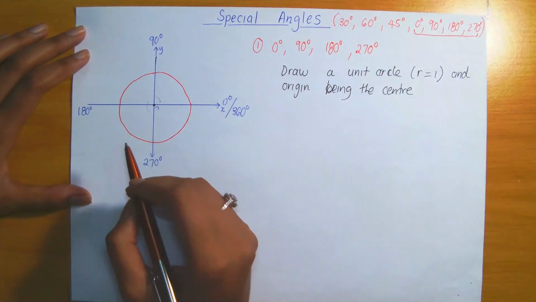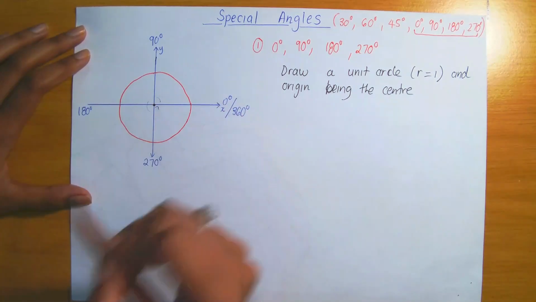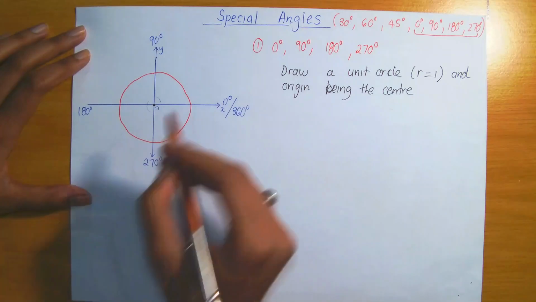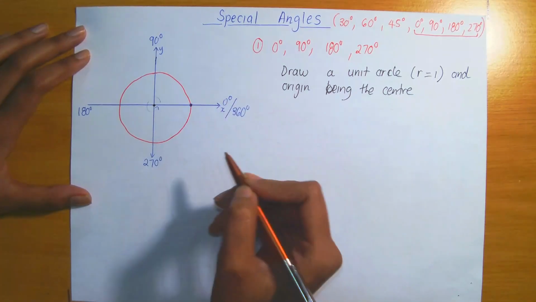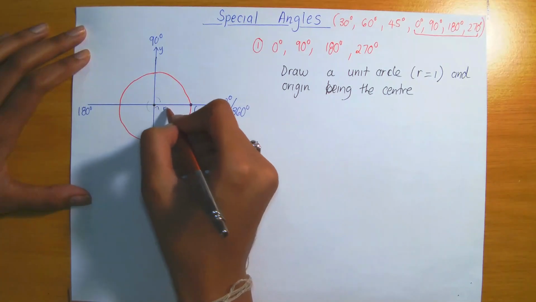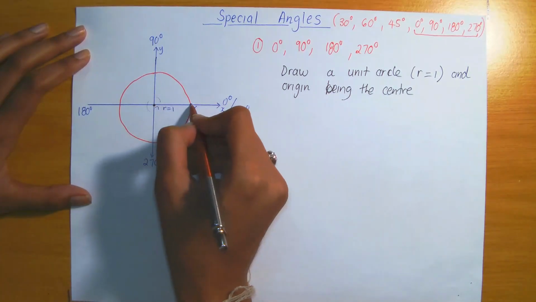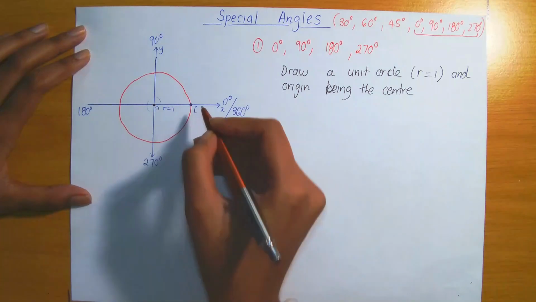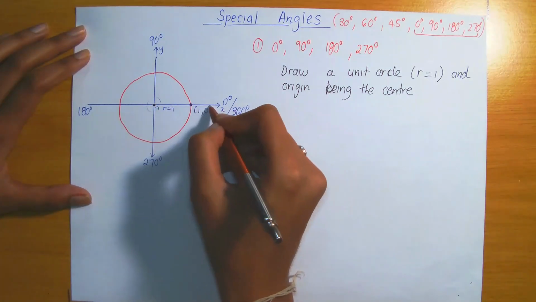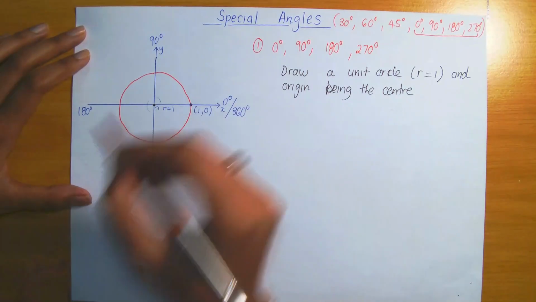Remember, since radius is 1 and center is origin, if we look at where this circle intersects all of the axes, then this x-intercept will have a coordinate. The distance from the origin to that point is 1, which means that x is equal to 1 and y is 0 because this is an x-intercept.